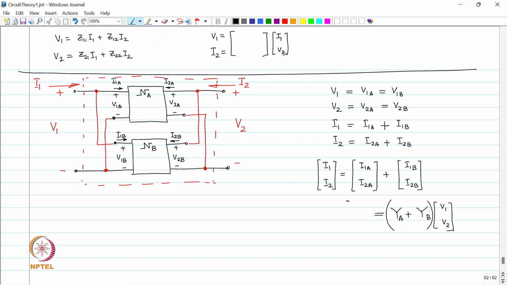So, this is what I have: I 1 I 2 is nothing but something times V 1 V 2, and therefore, the y parameters of the overall network is equal to the sum of the individual y parameters.